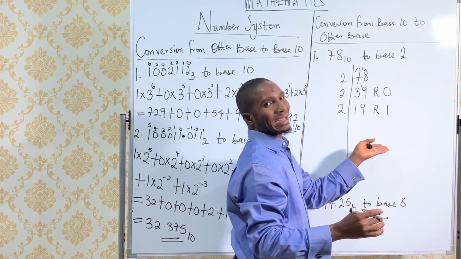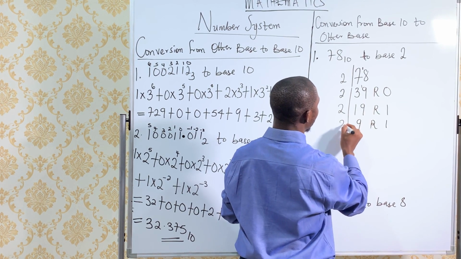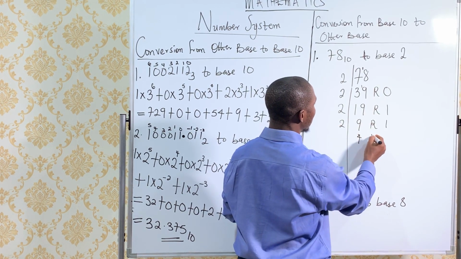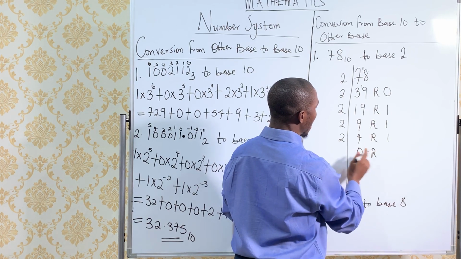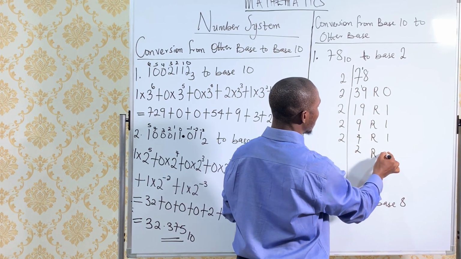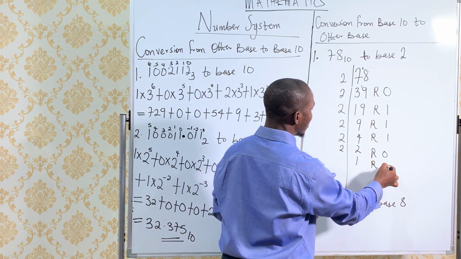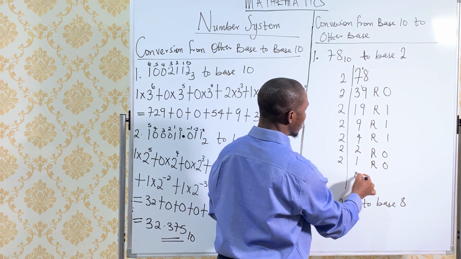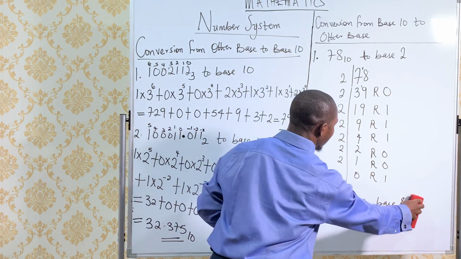That's 18. Remember 1. 2 in 9, that's 4. Remember 1. 2 in 4 is 2. Remember 0. 2 in 2, 1. Remember 0. 2 in 1 is 0. Remember 1.